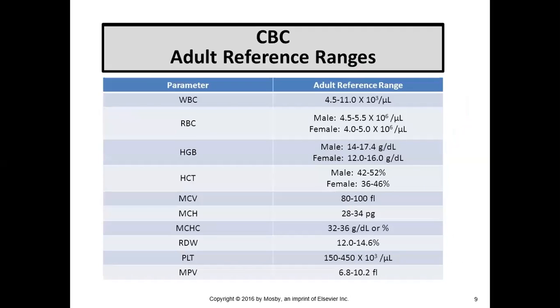This is an example of a CBC, and I've given you some reference values here. They're a little bit different than the ones in the book, and so an important thing to talk about here is that each lab is going to have a little bit different reference range of what the normal range is. And that is what that laboratory follows.